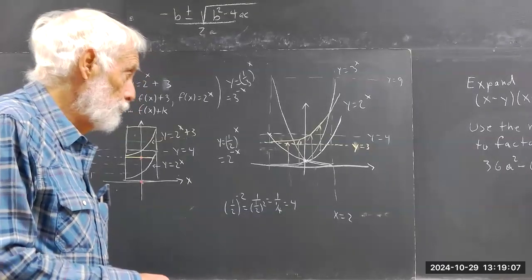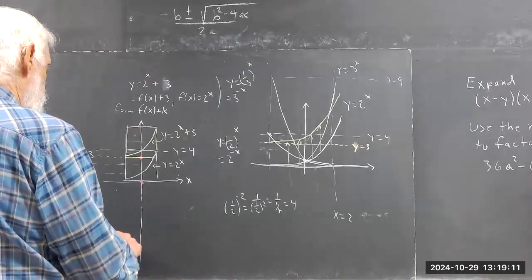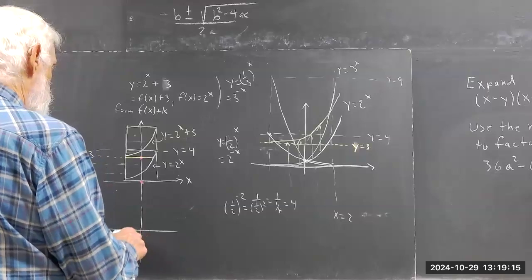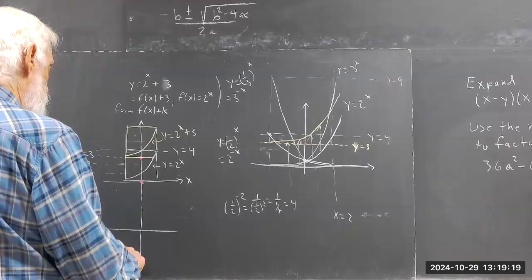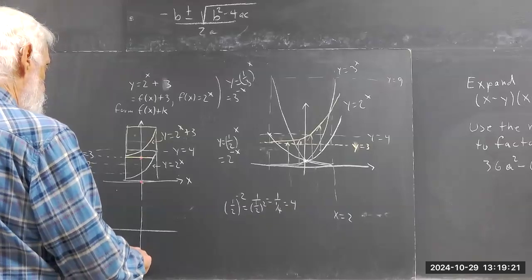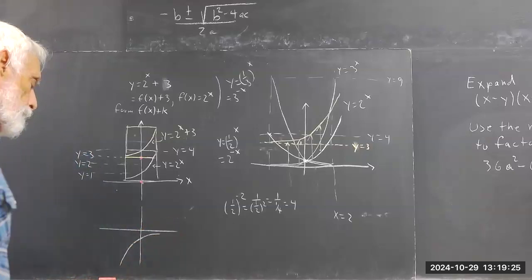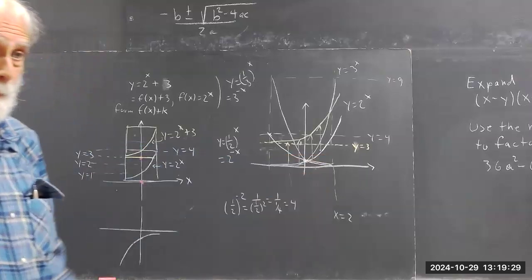Now there are other things we can do, of course. We can take exponential functions upside down. Now, how do you get this exponential function from this?